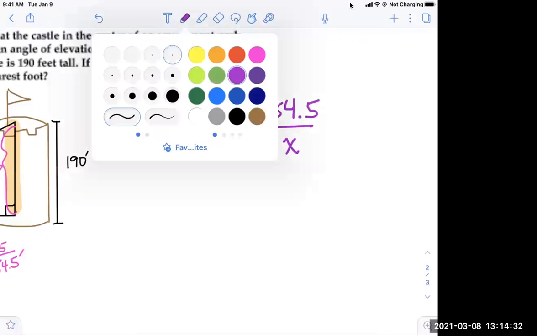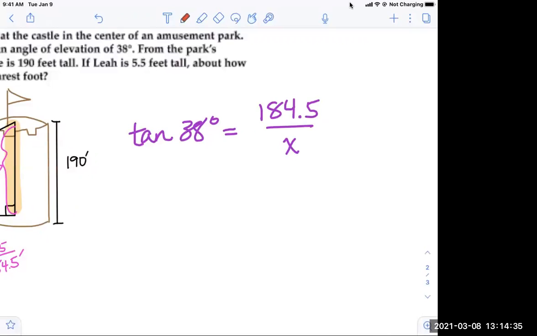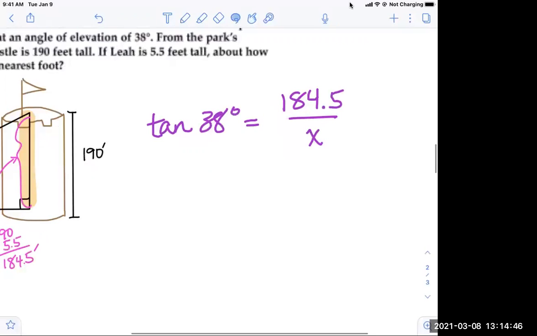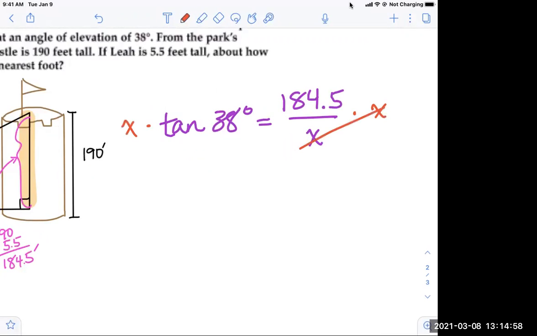Emmett, tell me how to solve that. Would you multiply each side by X? Okay, so X will drop out. And then what are we typing in the calculator, Emmett?